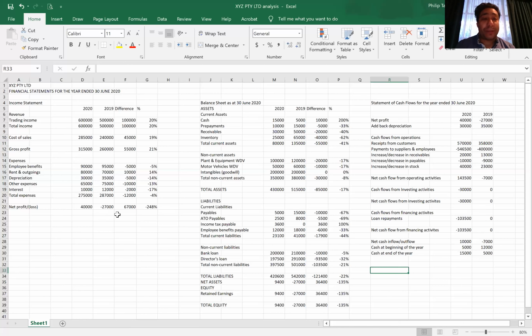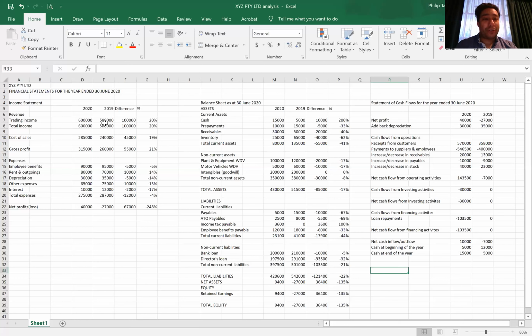So for today, I'll show you very quickly how to interpret the data on the basis of income statements and balance sheet. Okay, so we've got an income statement for the year ended 30th June 2020. We have trading income in 2020, $600,000.